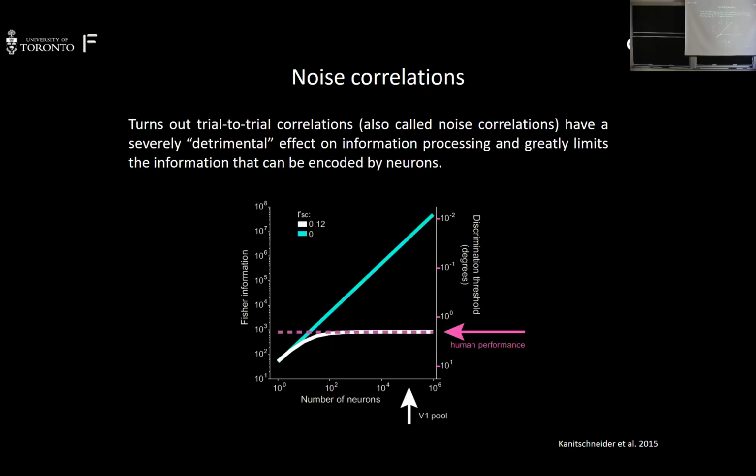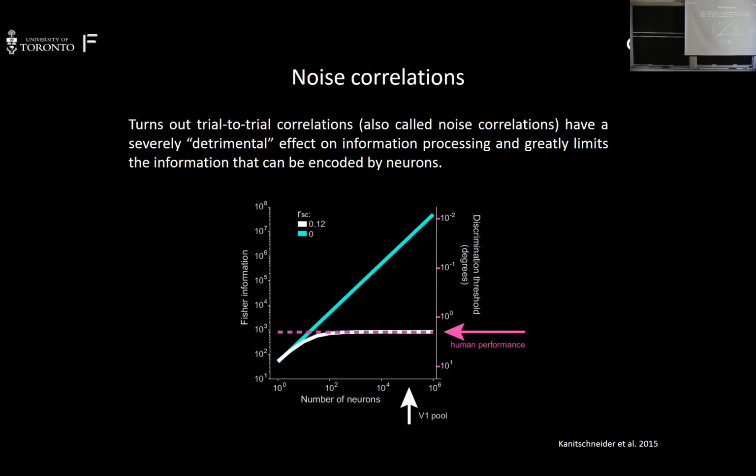Now, it's a small background correlation, but it turns out that if you do have a small amount of background correlation, like 0.12 here, then in this example, a study looking at discrimination performance in a model with a large number of neurons, for a zero level of background correlation or a relatively modest level of background correlation, you actually get a drop-off in the Fisher information, or decoding performance.